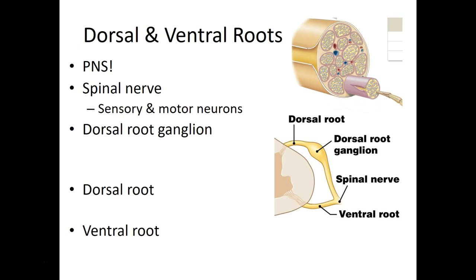Now, information coming out, say from the ventral root, if it's a motor neuron, goes all the way to the skeletal muscle. Now, as you go from these roots, eventually they come together into a single nerve, a spinal nerve.